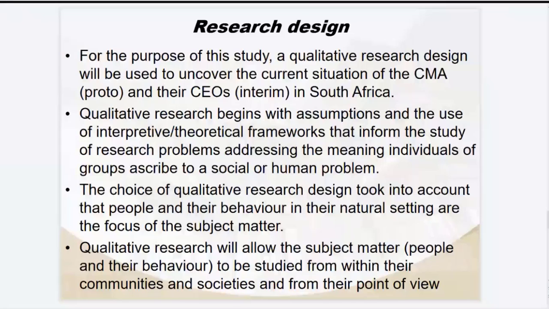And qualitative would give them an opportunity to express themselves and give a narrative about how the CMAs are operating and the CEOs and how they are designed.